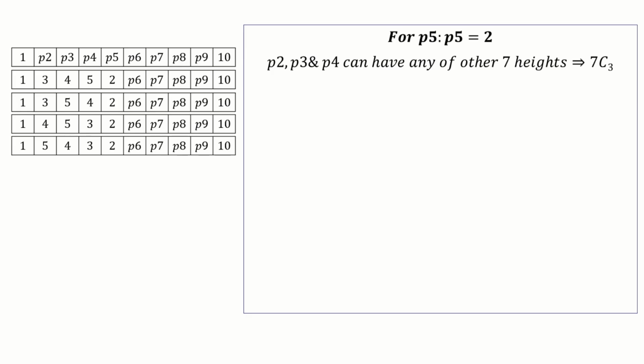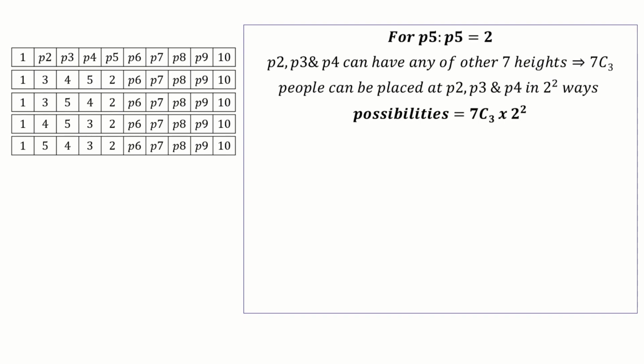And I can place them in 3, 4, 5, 3, 5, 4, 4, 5, 3 and 5, 4, 3. All these ways I can place them here, correct? So P2, P3 and P4 can be placed in 2 to the power of 2 ways. Now possibilities for position 5 with height 2 is 7C3 into 2 square.